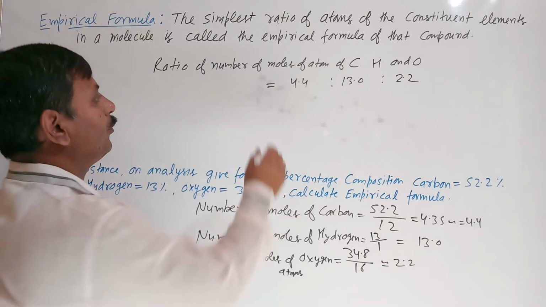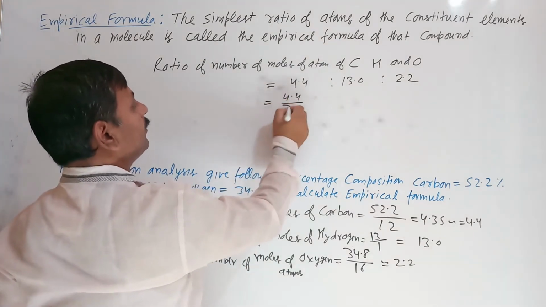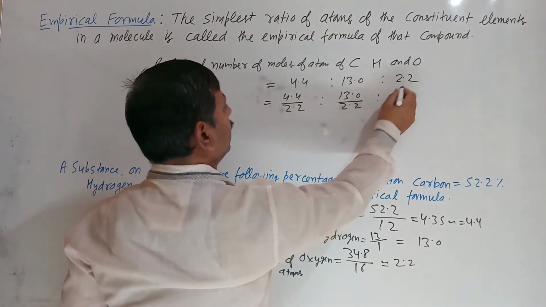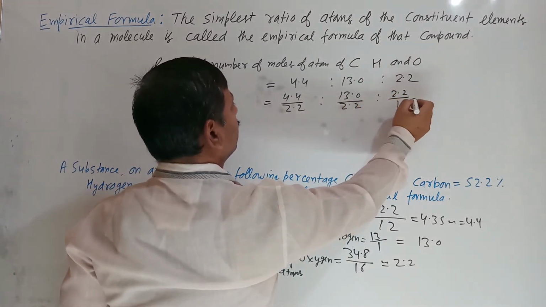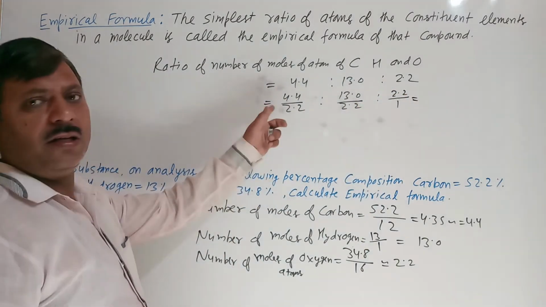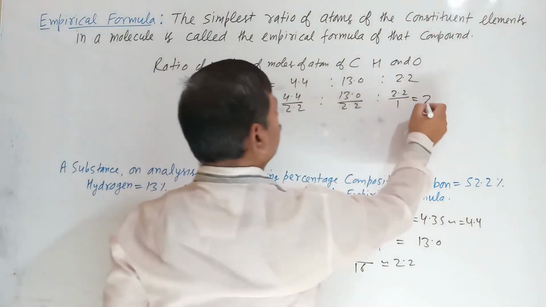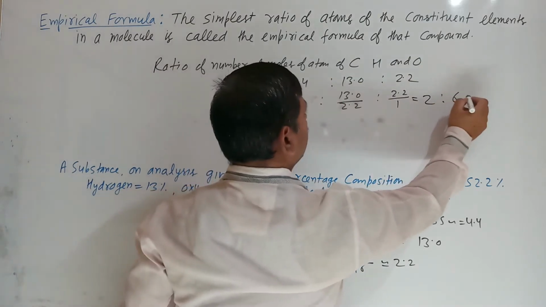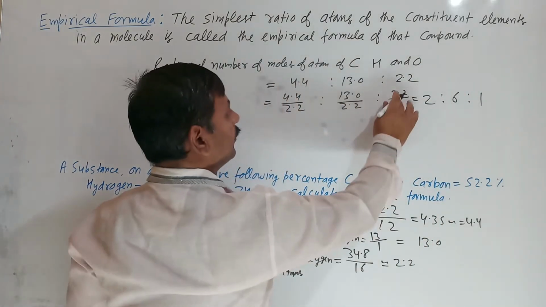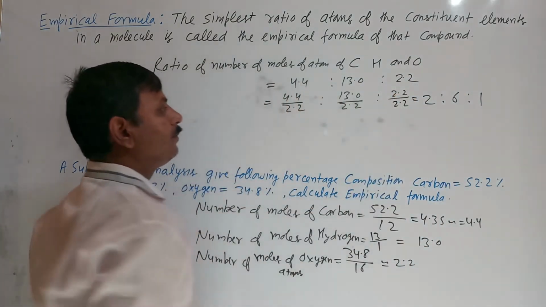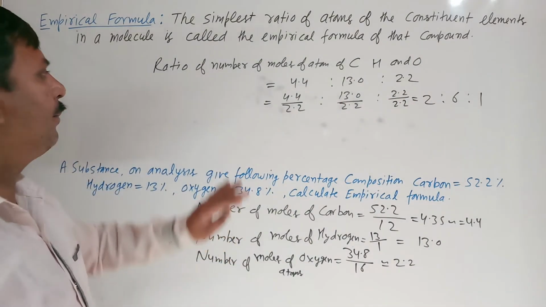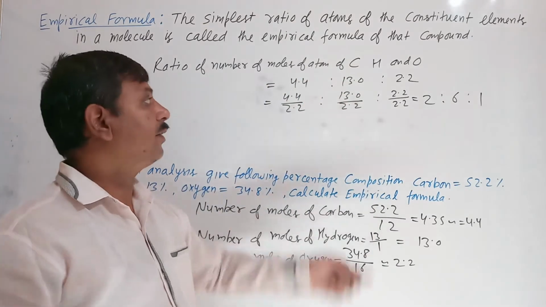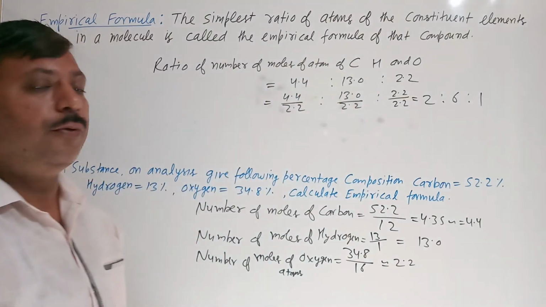If we divide by 2.2, it will come nearly 2:6:1. So this is the simple ratio of the number of moles present in that compound of C, H and O.